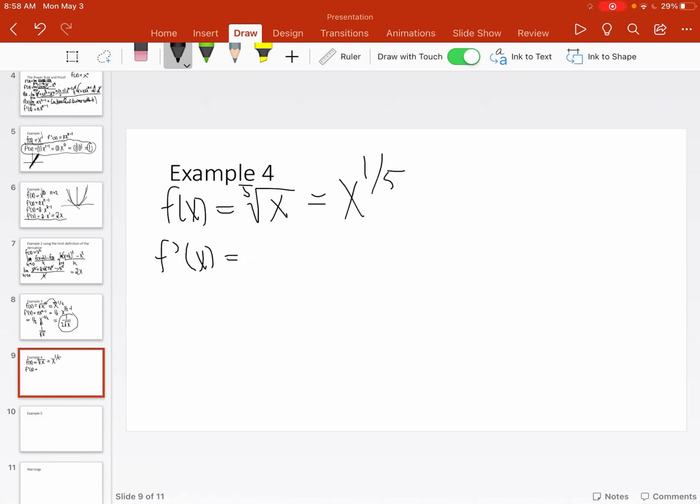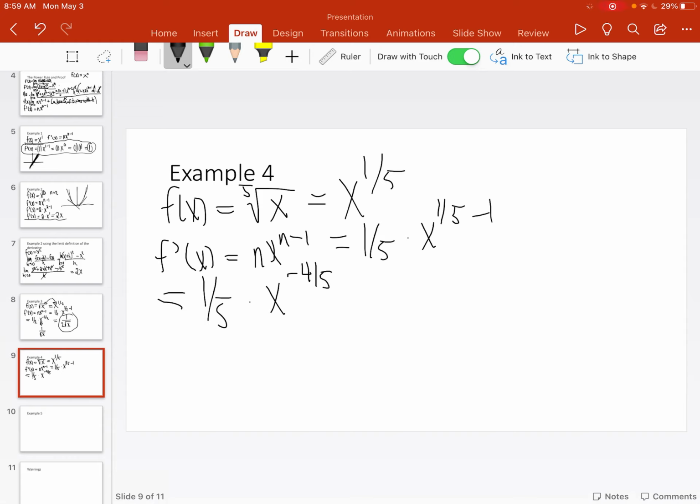Using our power rule, which says f prime of x is n x to the n minus 1, we just follow the rule. Bring down the exponent, which is 1/5, times x to the 1/5 minus 1. And what does this come out to? This comes out to 1/5 times x to the negative 4/5.